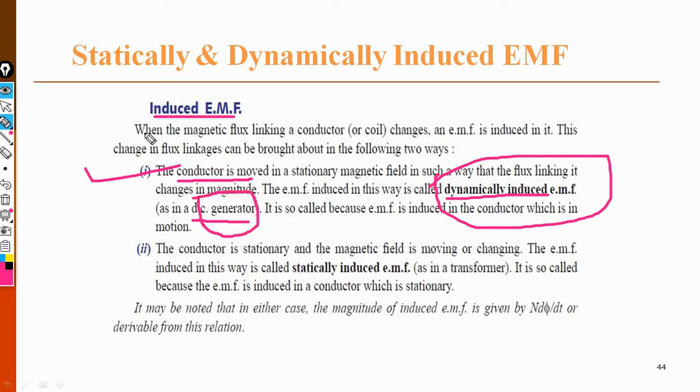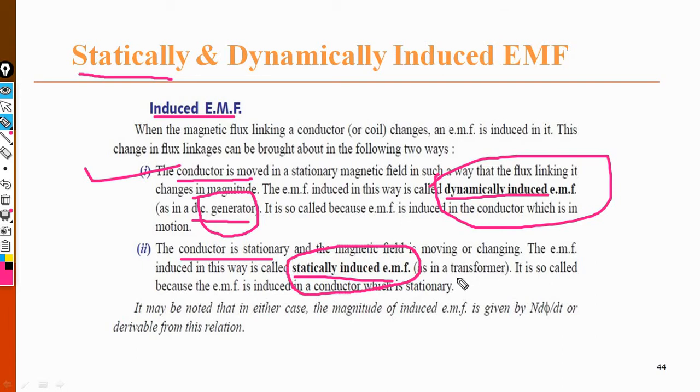Then the second type is statically induced EMF. Here the conductor is stationary, that is the conductor is in constant position and the magnetic field is moving over the conductor, then EMF gets induced in the conductor. This type of induced EMF is called statically induced EMF.